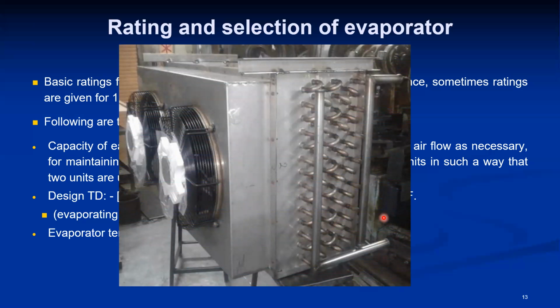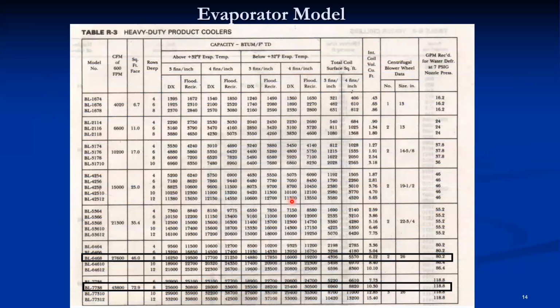So this is actually the model generally used for cold storage with forced cooling, because fin tube evaporators are generally installed at the roof or on the wall, because the floor space is utilized for the storage. So mainly it is installed on the wall or roof. So this is the model, and this model is selected from the table.